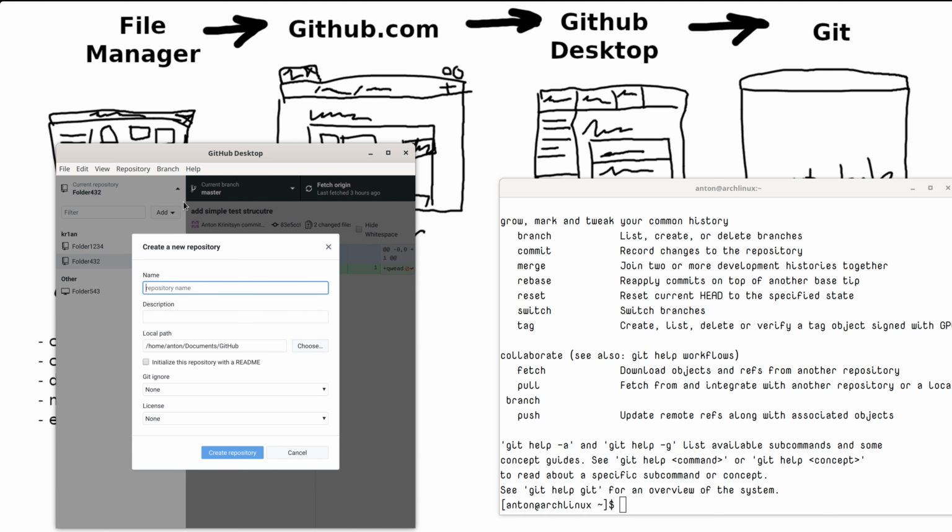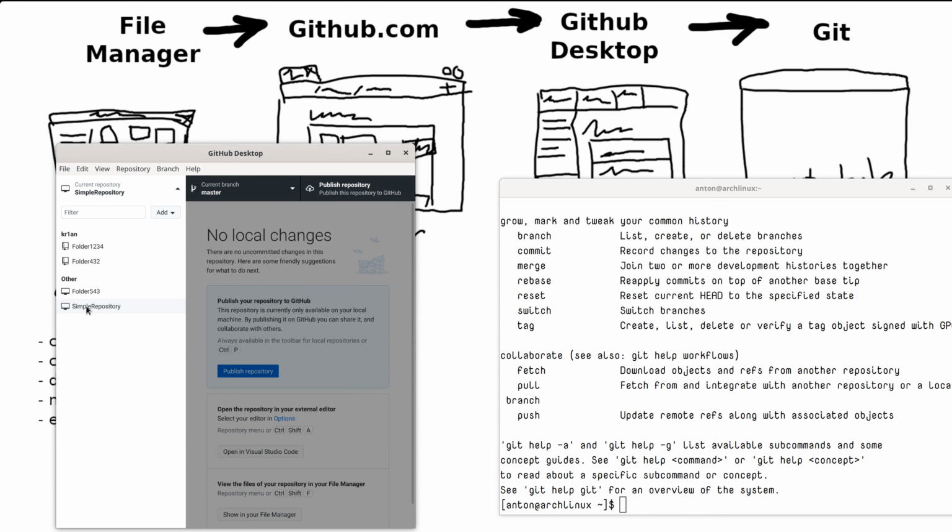To do that, as we did previously, click Add, set the name of the repository. Let's call it, I don't know, simple repository. Skip all these options, click Create.